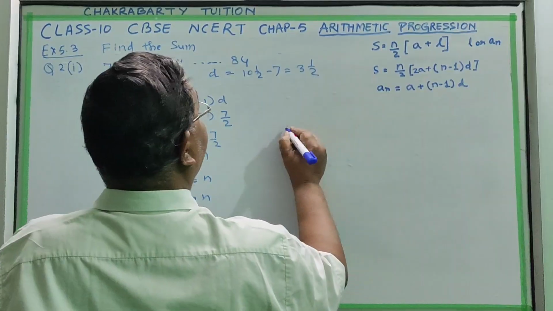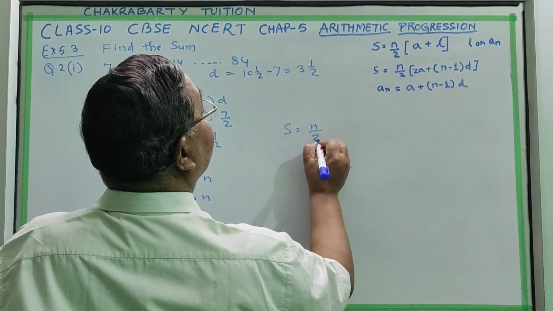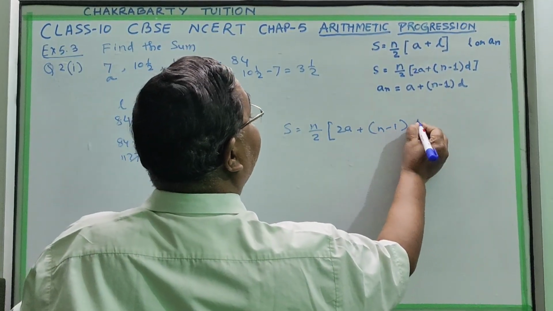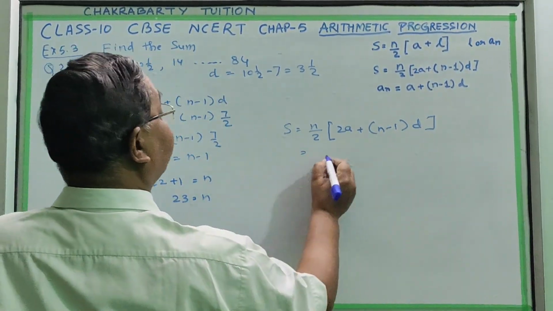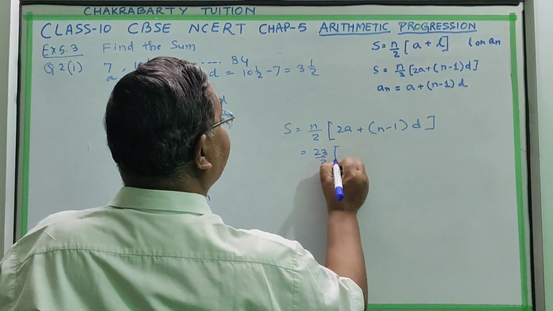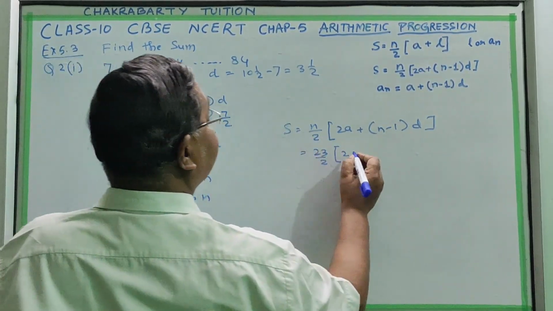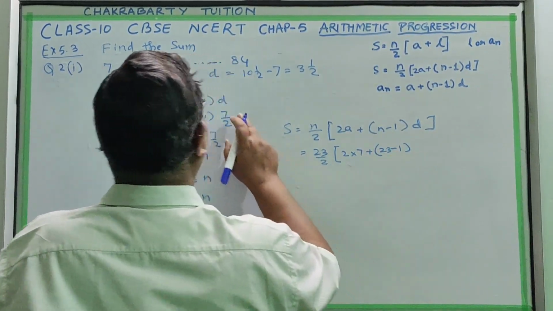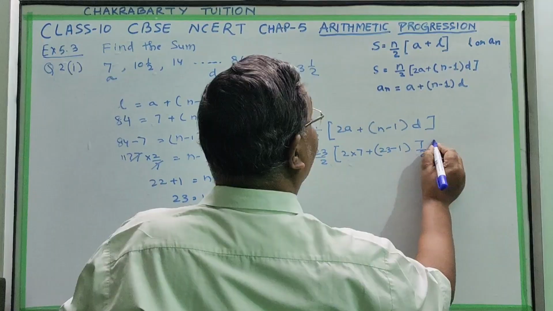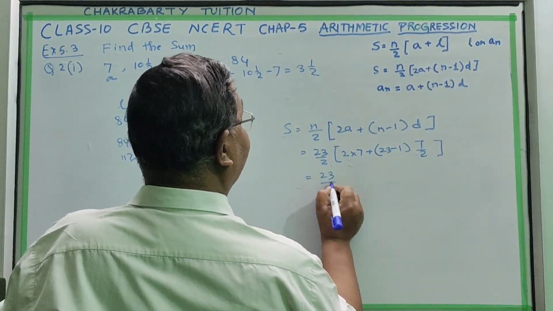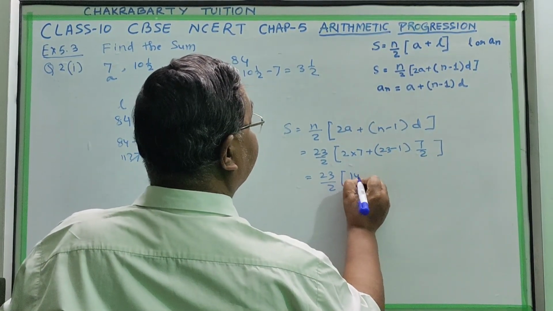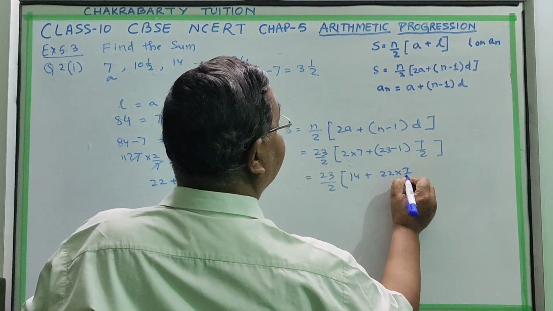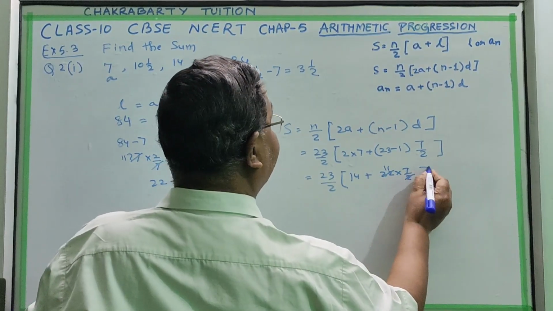Now we can find the sum. Sum equals N upon 2 into 2A plus N minus 1 and D. Here N we have found, 23 by 2, and 2A, the first number is A, plus N, 23 minus 1, and D we have found, 7 upon 2. So 23 by 2, 7 2s are 14 plus 22 into 7 by 2, this will cut 11, it will become 77.